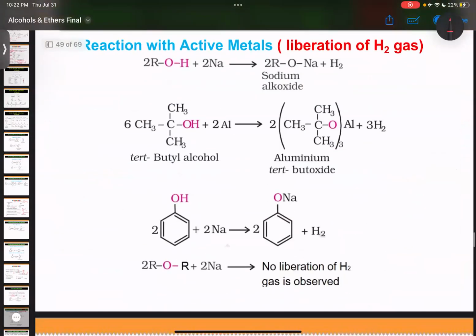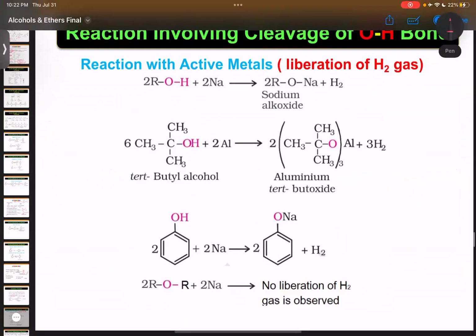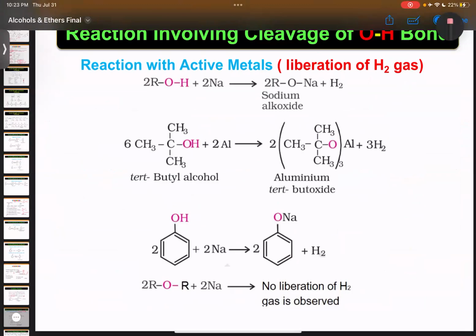This is the reaction with metals. How do you distinguish alcohols and ethers? What is the basic preliminary test to distinguish between them? Can you just look at these reactions and tell me? As we have started ethers also. Yeah, Ibrahim, what is the difference? Ether is also there in this slide and alcohol is also there. Many alcohols are there. How can you differentiate alcohol and ether?